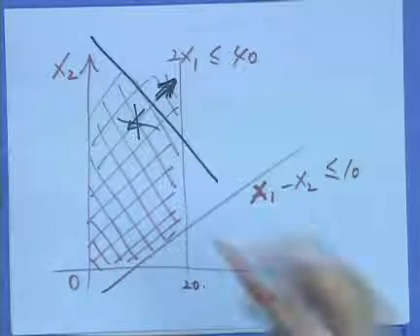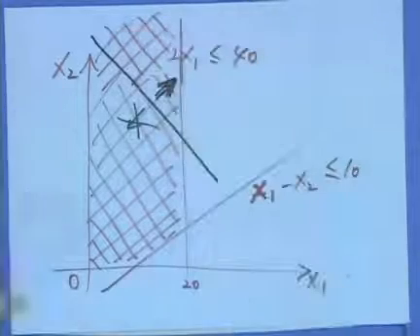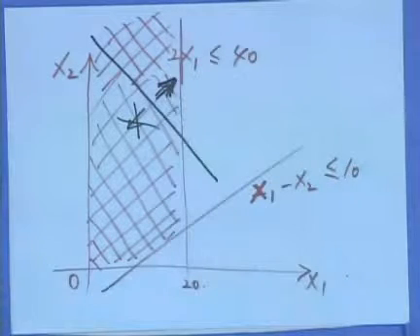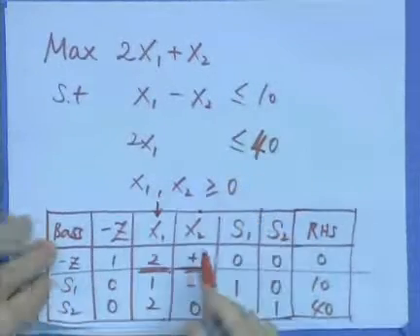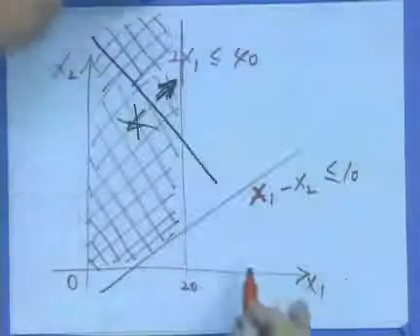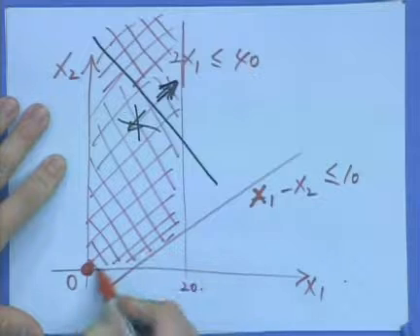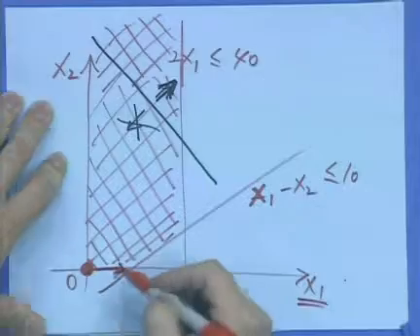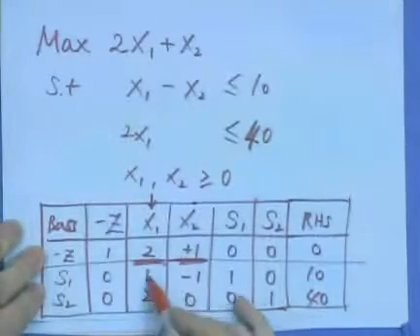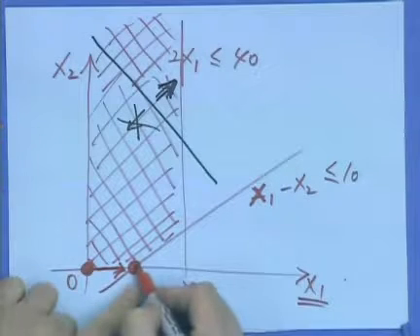And definitely, this is the unbounded case, right? But here, in the first case, if you select x1 to enter the basis, starting from the origin, you can increase the x1 variable. In that way, you are able to do the minimum ratio test, so that you can reach the adjacent corner point in the next iteration.